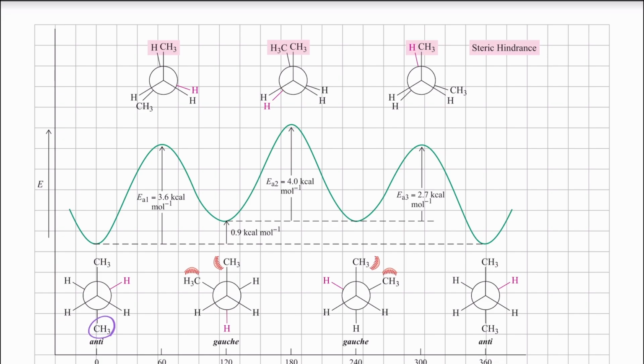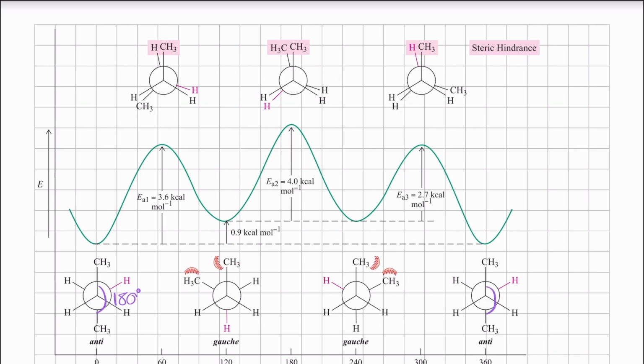Now, let's make it easier to refer. When two methyl groups, or two largest groups, are as far as possible, we can call them the anti-conformation. In anti-conformation, the angle between the two largest groups is exactly 180 degrees.